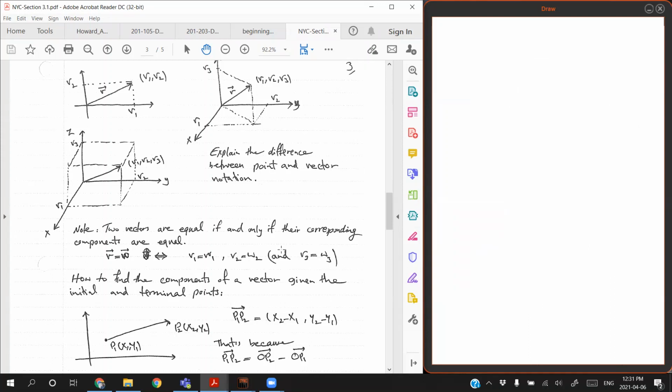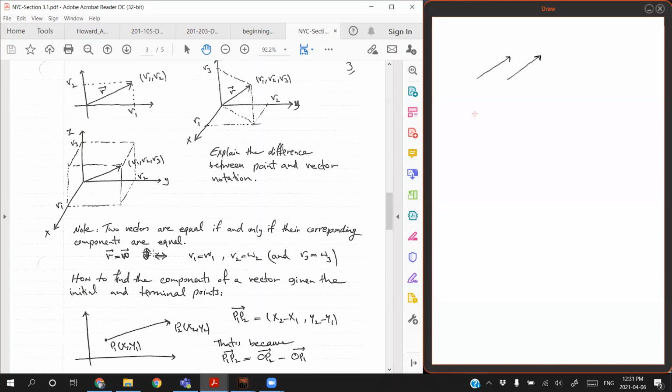When we were describing vectors geometrically, we said that two vectors are the same if they have the same length and the same direction. Now that we are able to describe them using ordered pairs or ordered triplets, this is how we define equality. Two vectors are equal if and only if their corresponding components are equal.